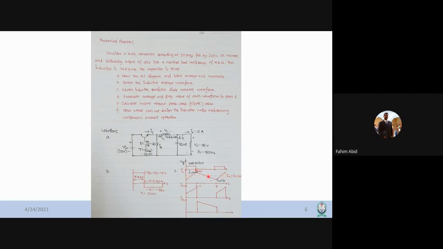And what happens for the AC part of the inductor current? For the AC part, you have to integrate your inductor voltage.